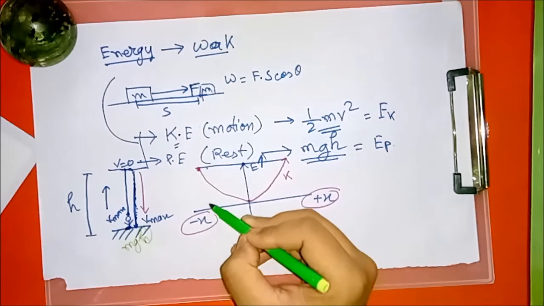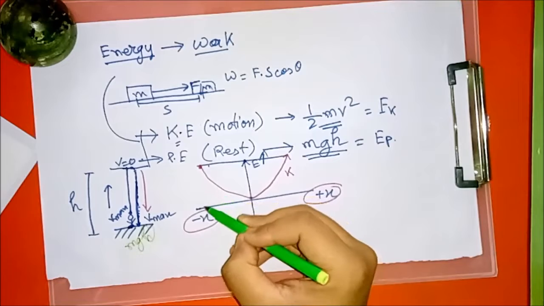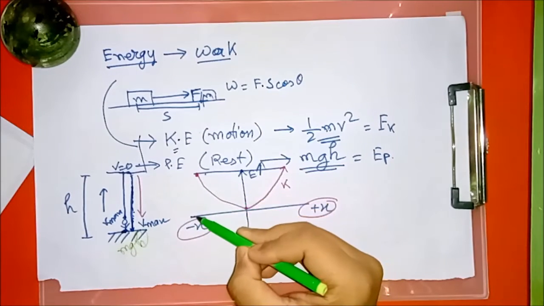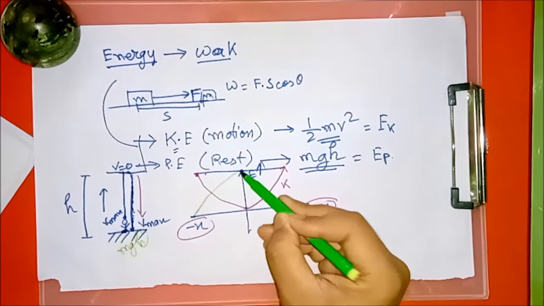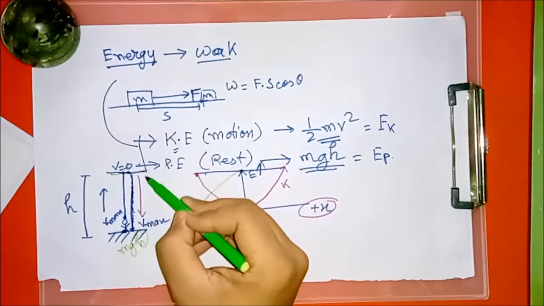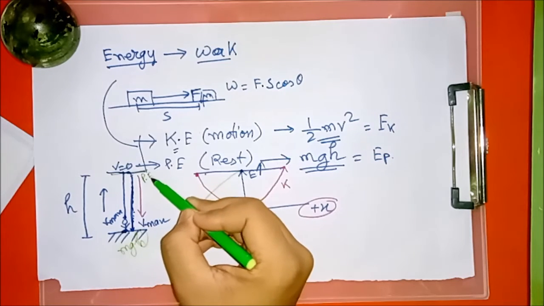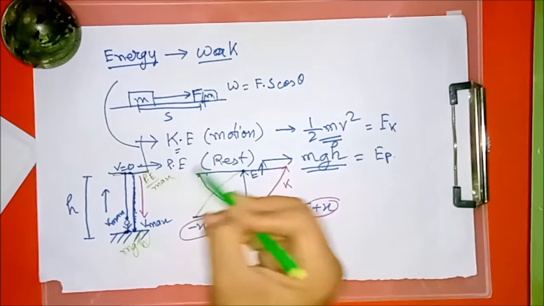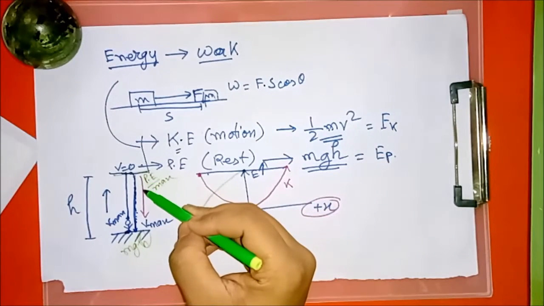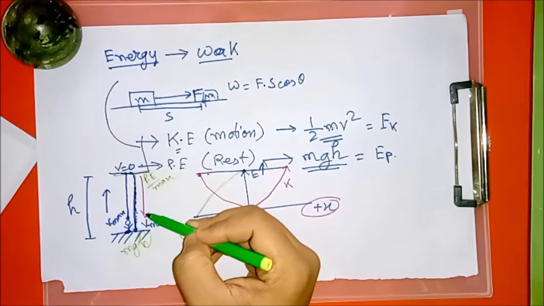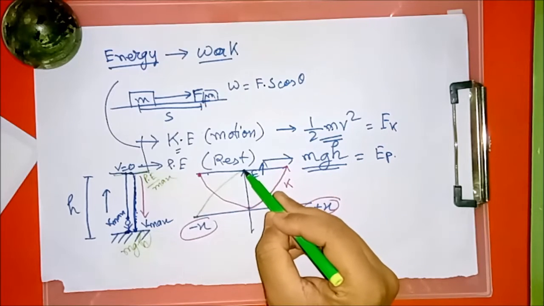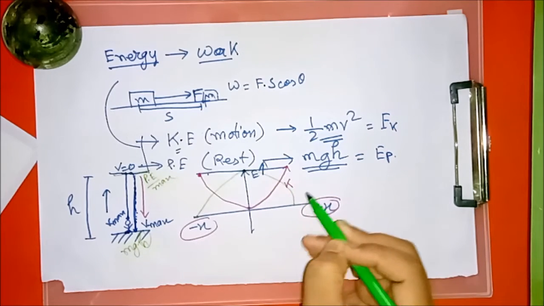The potential energy curve will gradually increase as the height increases, reaching a maximum value here. At this instant the potential energy PE will be maximum. After it, as the ball comes down and the height decreases, the curve similarly comes down and reaches over here.